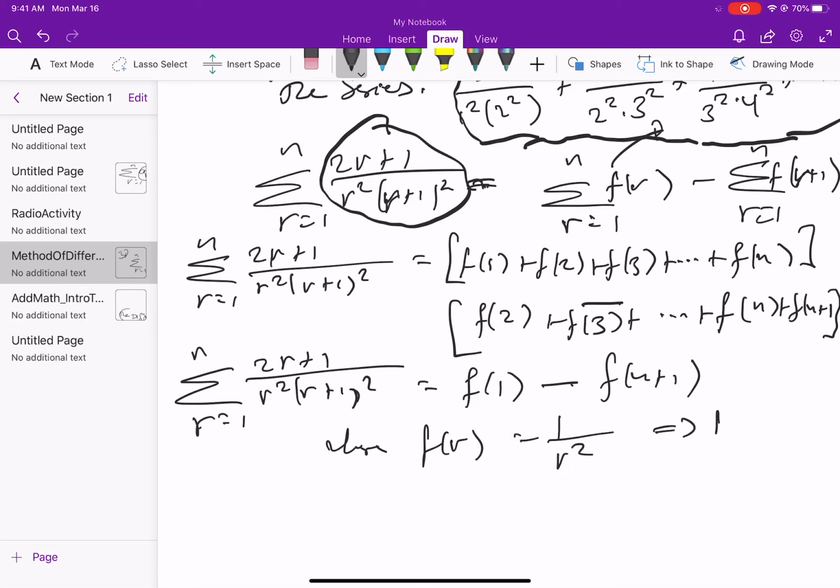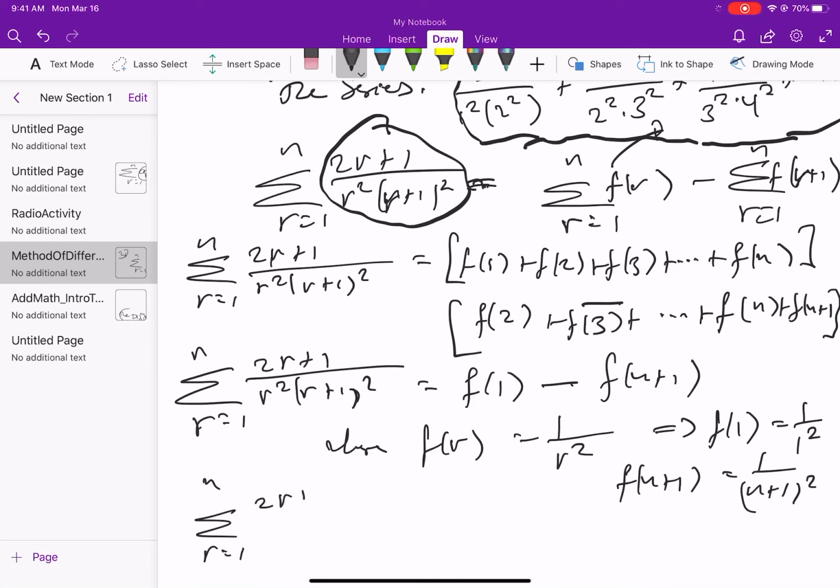Therefore, f of 1 will be 1 upon 1 squared, and f of n plus 1 will be 1 upon n plus 1 squared. Finally, I can write the sum from r equal 1 to n of 2r plus 1 upon r squared into r plus 1 all squared is equal to 1 minus 1 upon n plus 1 all squared. How you like them apples?